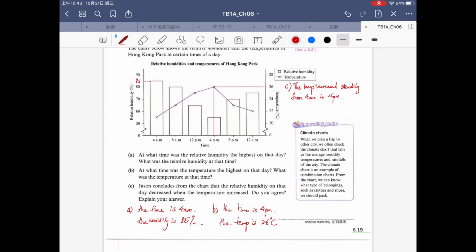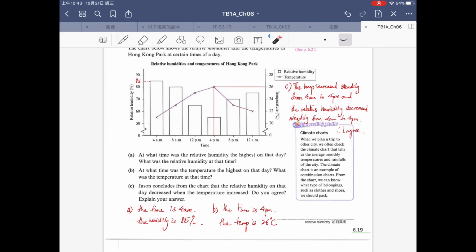Okay? So, while the relative humidity decreased steadily from 4 a.m. to 4 p.m. So, I agree.